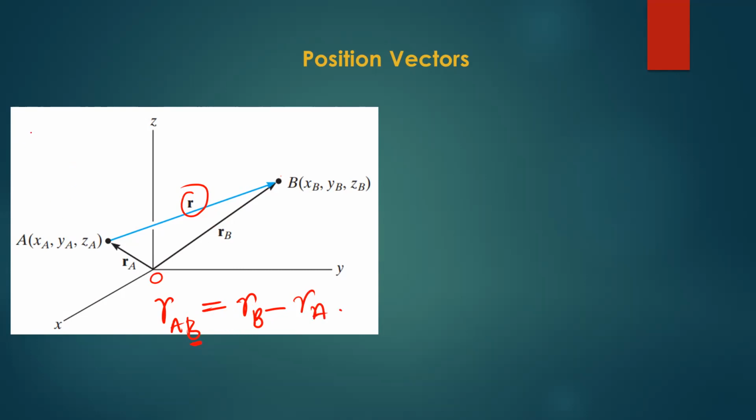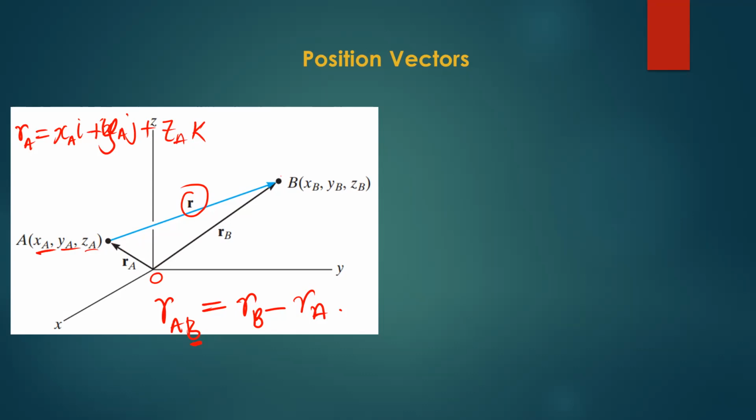We know that R_A has Cartesian coordinates X_A i plus Y_A j plus Z_A k. The direction also matters for these coordinates, meaning the signs in front of them are also important.